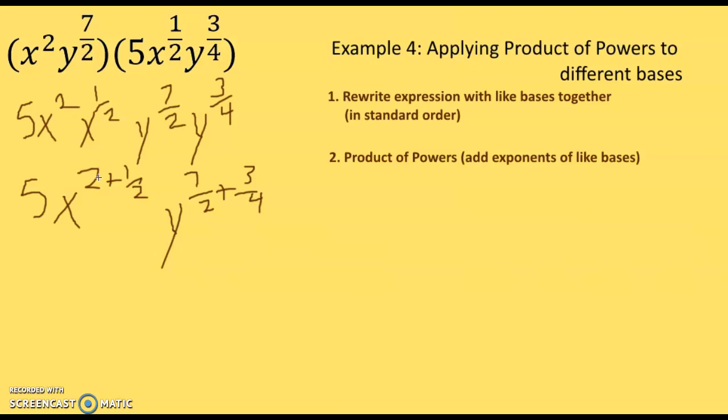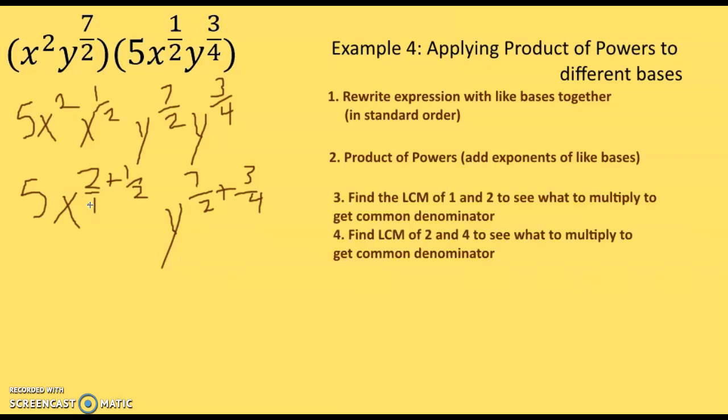Now notice that we can't add these fractions together yet because they do not have like denominators. So we're going to have to find a least common multiple. So the least common multiple of 1 and 2 is 2. 2 times 1 is 2, so we're going to multiply this fraction by 1 over 1. 1 times 2 equals 2, so we're going to multiply each of these fractions by 2.